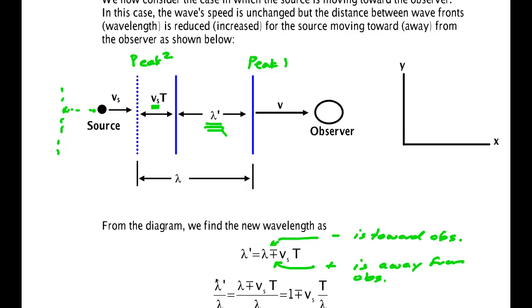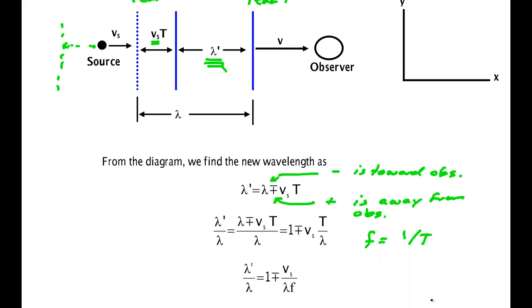If we take the ratio of the new wavelength to the old, we get lambda minus or plus the speed of the source times the time, divided by lambda. The lambdas cancel, we get a 1. We get the speed of the source times t over lambda, but remember the frequency is 1 over the period.